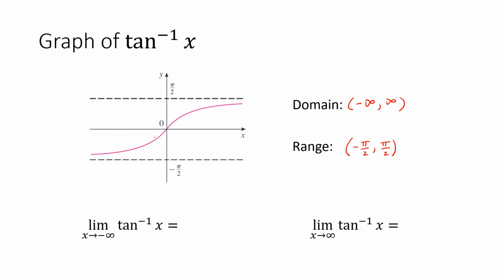And we also notice that as x goes to infinity, the graph will tend towards positive pi over 2 as it goes to the right. And as x goes to negative infinity, it'll tend towards negative pi over 2 as it goes to the left. So with this picture in mind, we can oftentimes remember those two limits very easily.